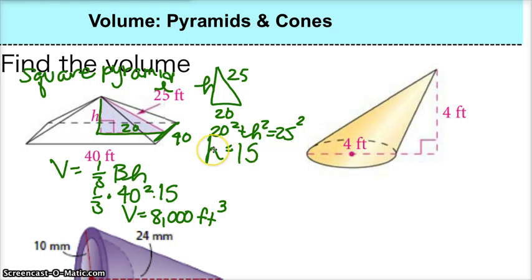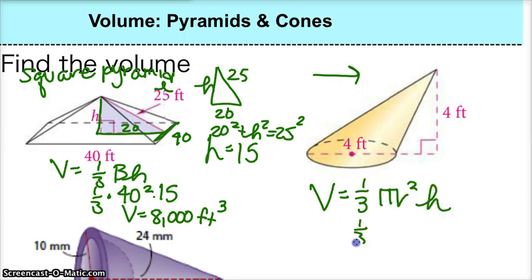This one is referred to as an oblique cone because it's been pushed over, but the formula is still the same, 1/3 pi r squared h. So 1/3 pi, the r is going to be 2, so 2 squared is 4, times the height. 4 times 4 is 16. 16 divided by 3, I'm just going to leave it as 16/3 pi.